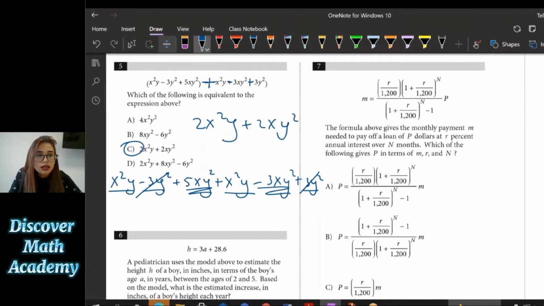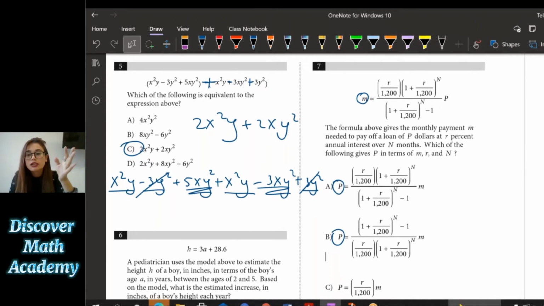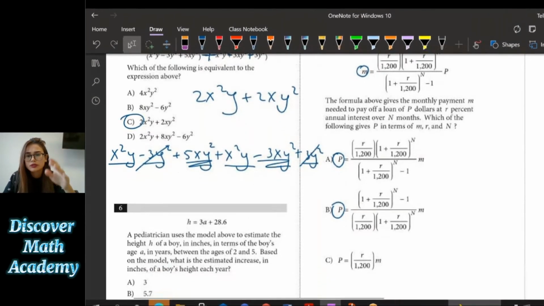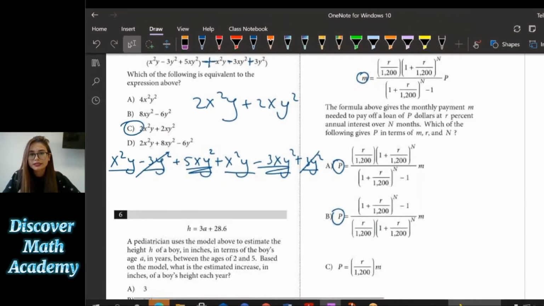So this one, if you see that kind of question, M is equal to something, and in the answers you will see that P is equal to, it means that this question is about the subject of the formula, and for the subject of the formula, you don't need to read everything. Just one thing, this one is too long.